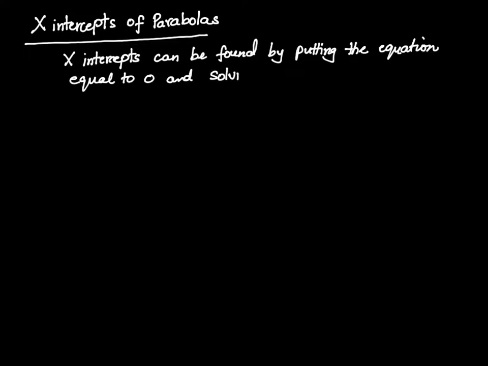So using the algebraic method, we'll put the equation equal to 0, and then we'll solve for x. So let's try using the algebraic method, and then on the next page I'll show you how to do the graphing method. Algebraic method is still the favorite method, I feel.